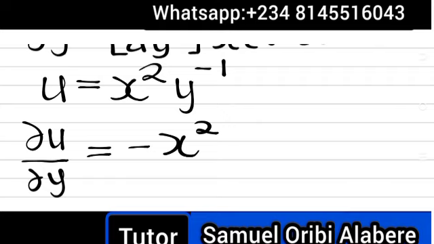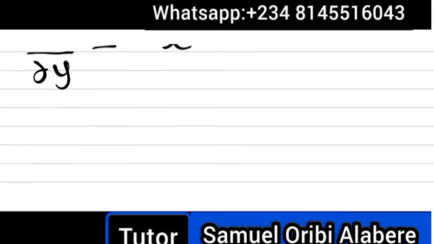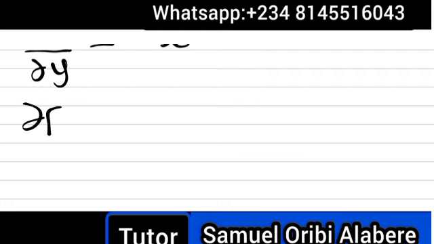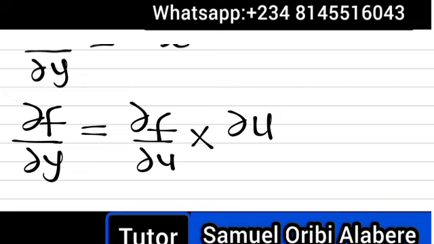So now that we have found our value of the partial derivative of f with respect to u and then our partial derivative of u with respect to y, we can now find our partial derivative of f with respect to y. We should recall that in order to find our partial derivative of f with respect to y, we are going to make use of chain rule as stated earlier, which will then be equals to the partial derivative of f with respect to u multiplied by the partial derivative of u with respect to y.